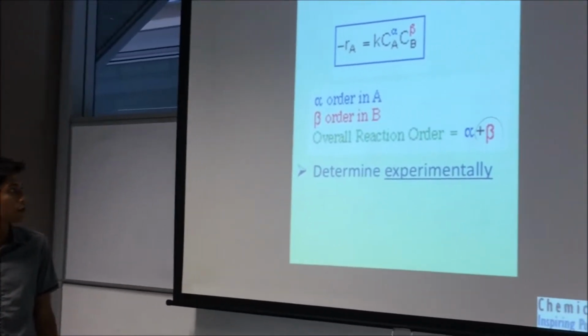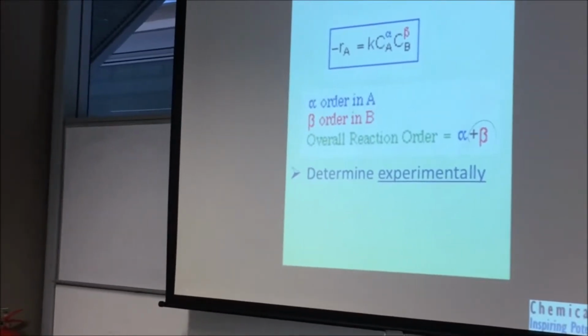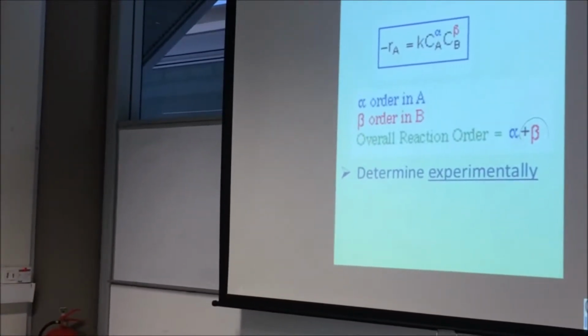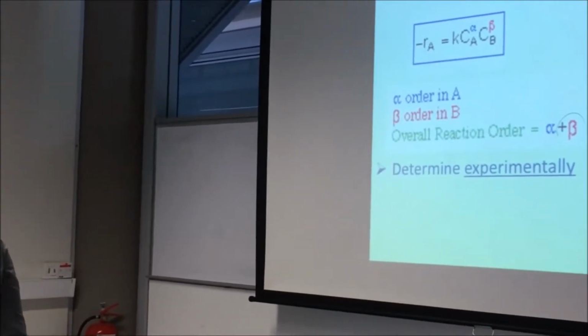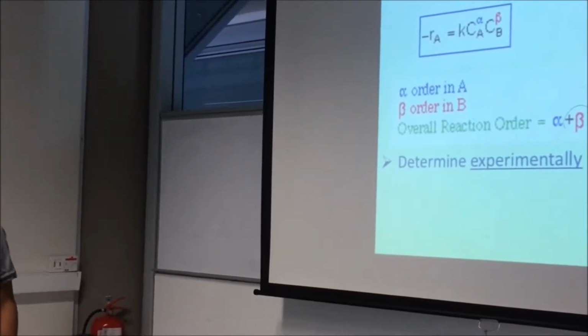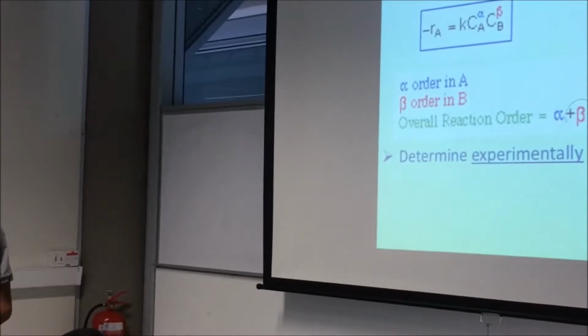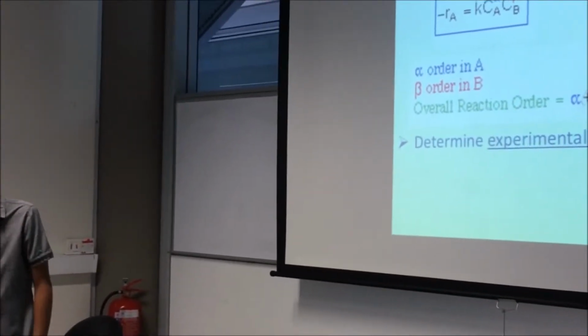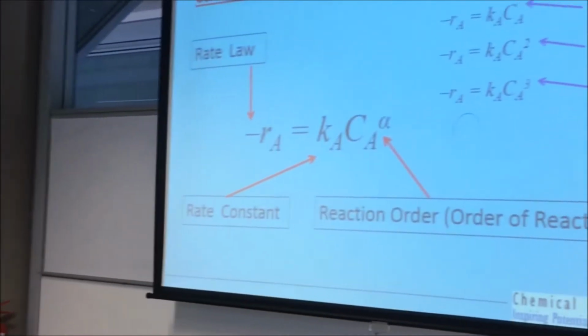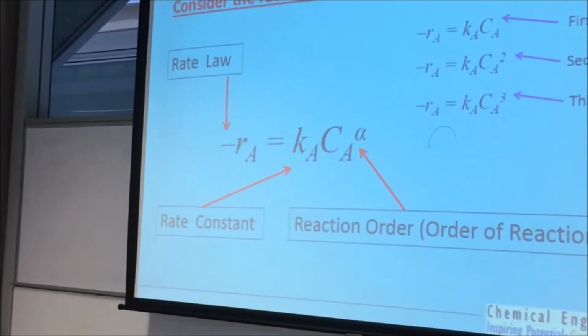And for your information, reaction order must be determined experimentally. What I mean experimentally is that we must determine it in the lab using some experiment, doing some calculation, and then we can get the reaction order. Okay. Alright. And then I'm gonna skip this.